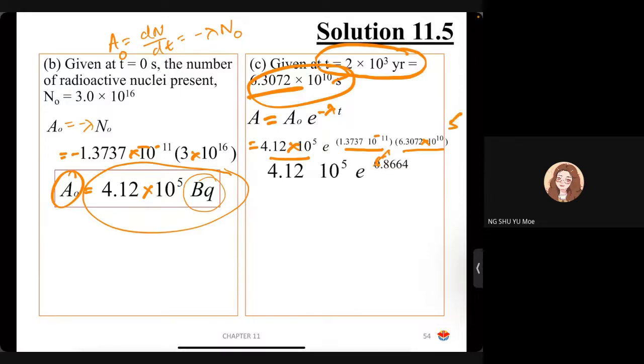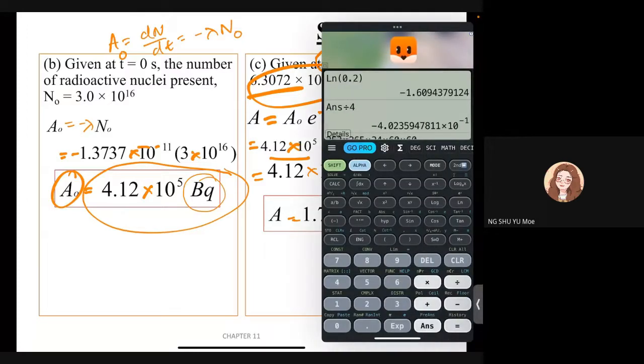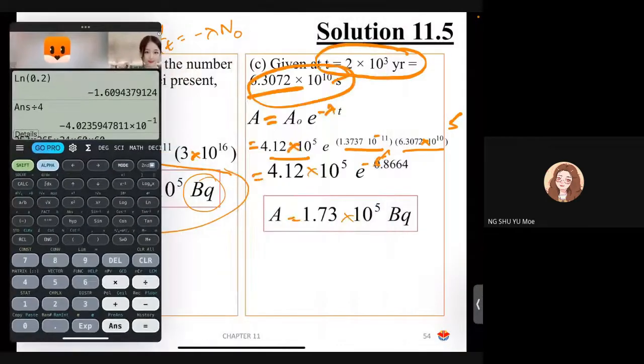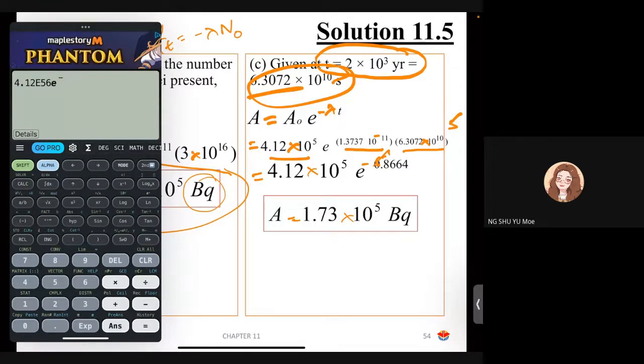Okay, tekan calculator betul-betul. Make sure tahu nak tekan exponential tu macam mana. Contoh dia saya letak macam ni: 4.12 power of 5 darab exponential negative 1.3737 power of negative 11 times 6.3072 power of 10.